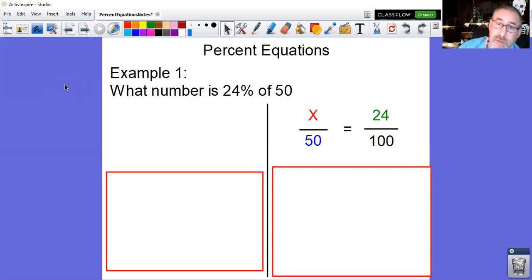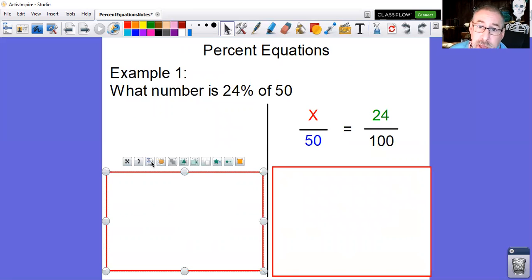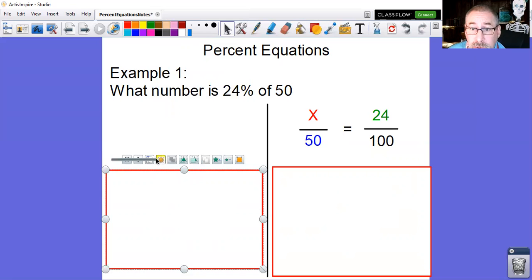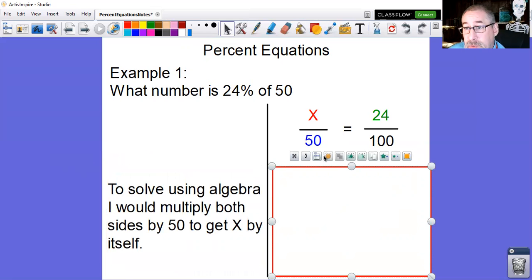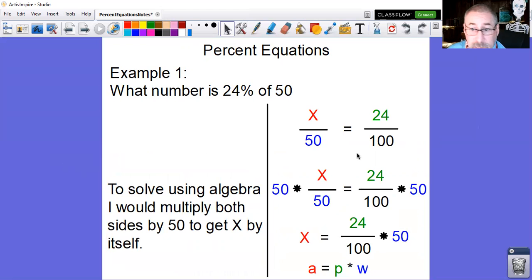So here's our first example. What number is 24% of 50? Now, I have my proportion here using the old is over of is equal to percent over 100. And if I want to solve this and get x by itself, what I've got to do is multiply both sides by 50. That will get my x by itself.